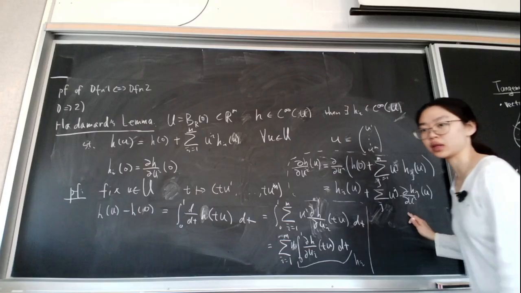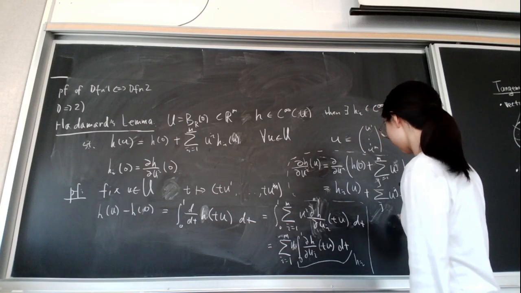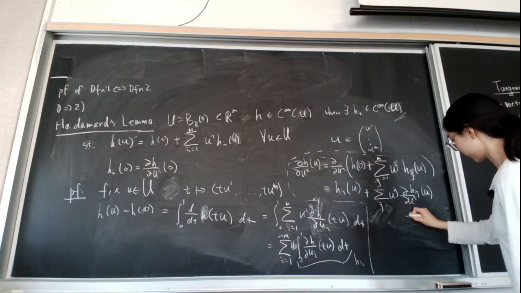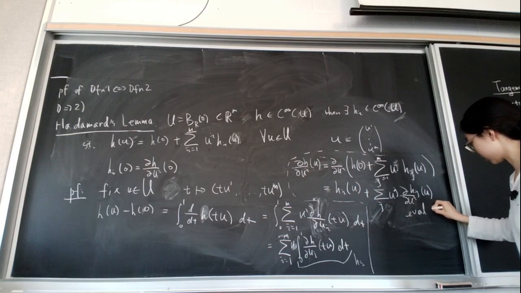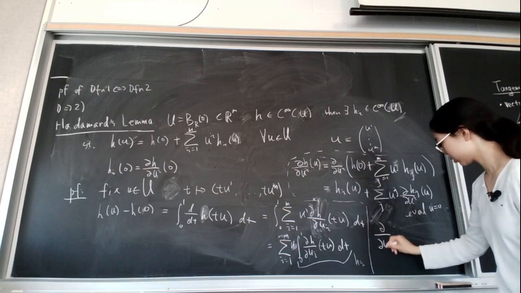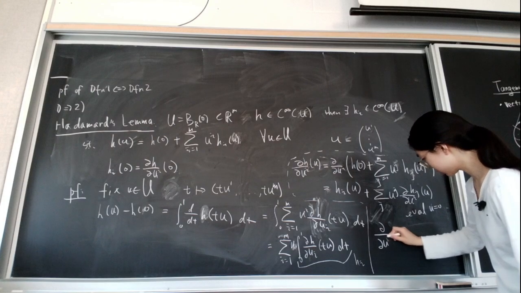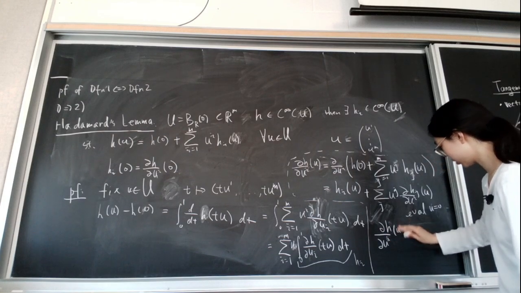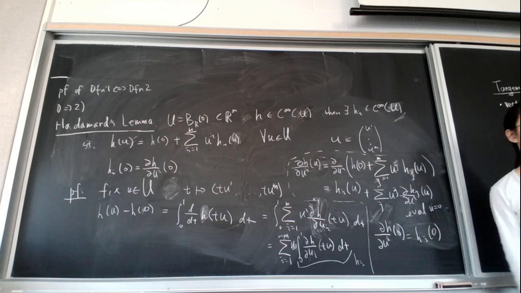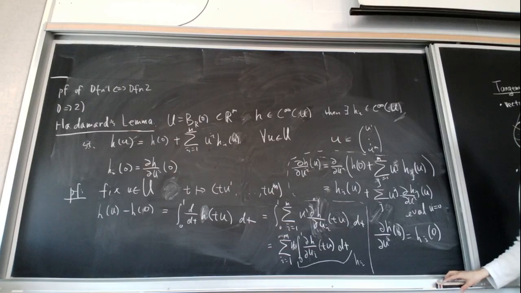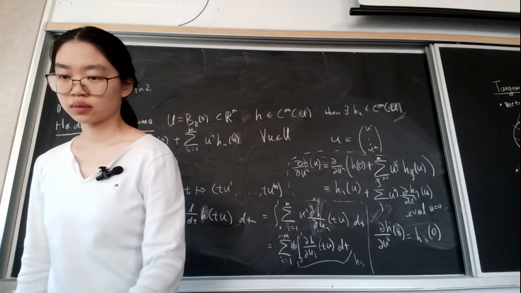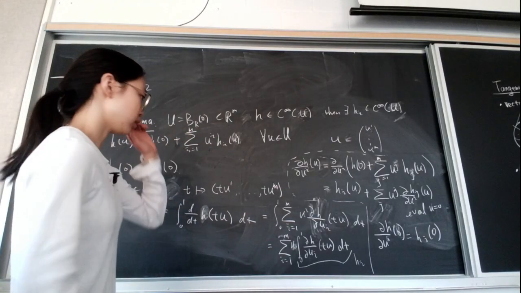And then evaluate at u equal to 0, and that gives you partial h, partial u_i at 0 is equal to h_i of 0. And then we're going to prove the theorem.